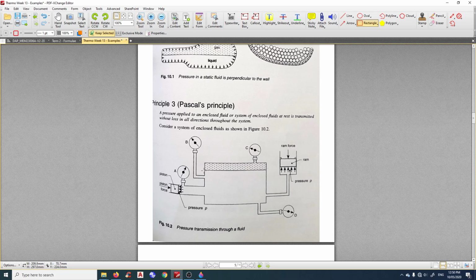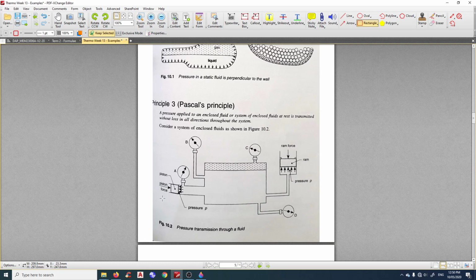Remember, we're talking about pressure. Now, pressure is different from force. Pressure is equal to force divided by area, if you remember that from term 1. The pressure is the same, but the force is different because the pump here might be smaller than the ram.